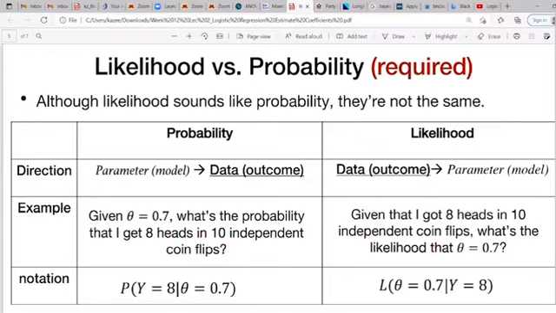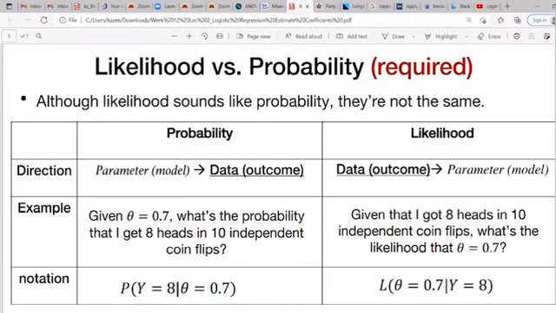That's what you're finding, and the notation for that is this here. And don't forget, given that you know that 70% of the time heads come up, what is the probability that if you take a coin and flip it 10 times, you're going to see 8 heads?